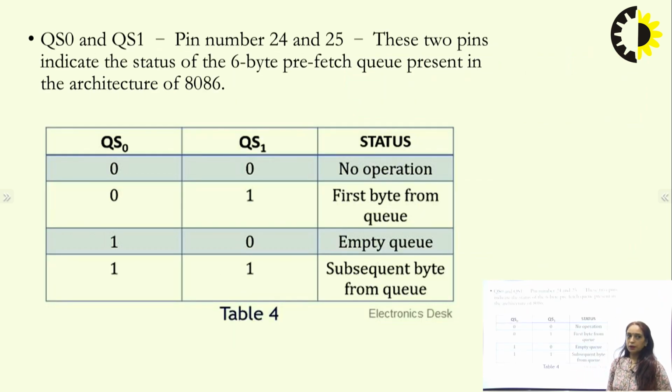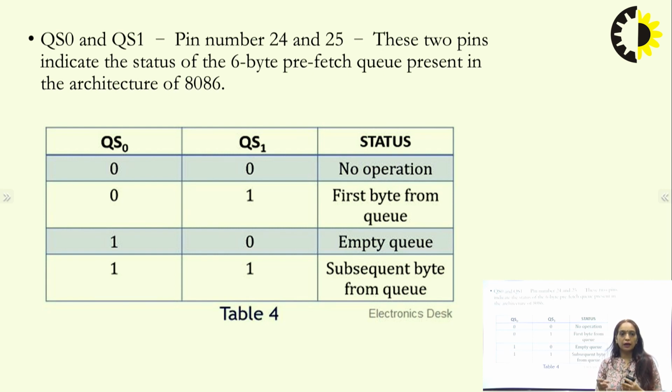Next, we have pin number 24 and 25, that is QS1 and QS0, which are used by the 6-byte instruction queue. We know that 8086 is the first microprocessor which introduced pipelining, right?